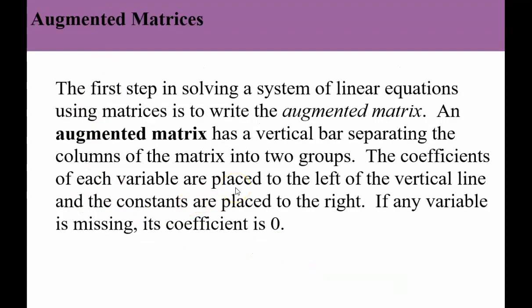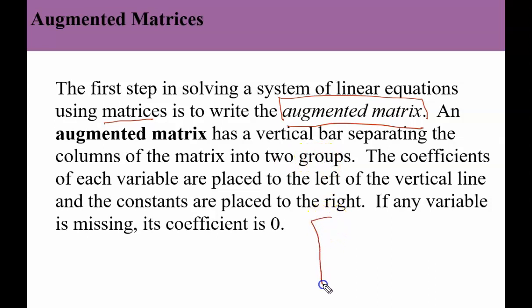Now, the first step in solving a system of linear equations using matrices is to write what is called an augmented matrix. It has a vertical bar separating the columns of the matrix into two groups.